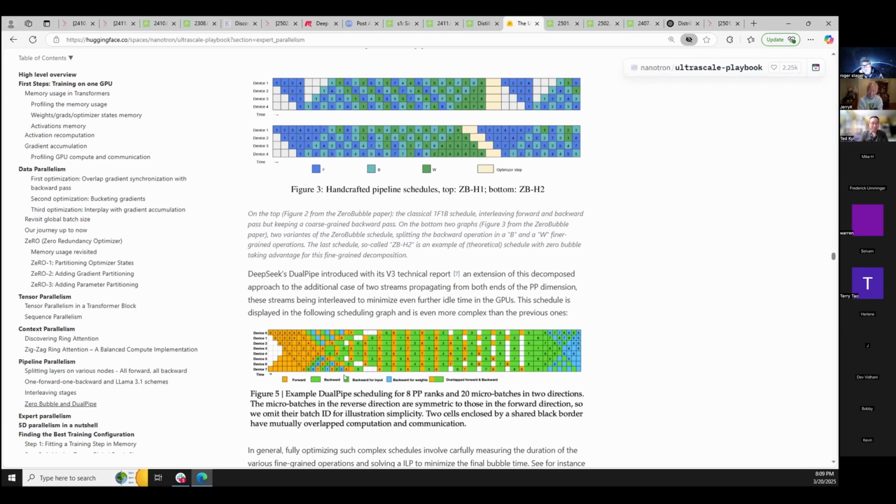Back to the drawing board. You might need a completely different pattern, and you might need to change the number of streaming multiprocessors doing communication by a slight amount, and you might need to change all these things. So you can see those other parallelisms are a lot easier to tune than this.